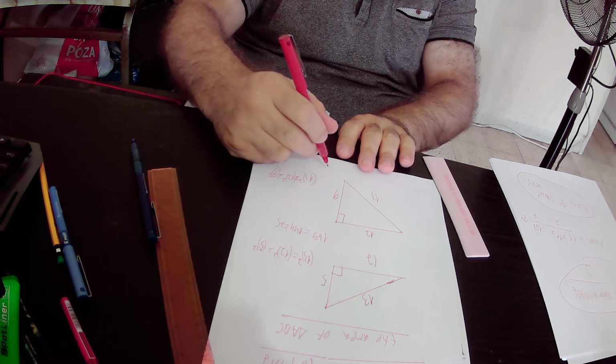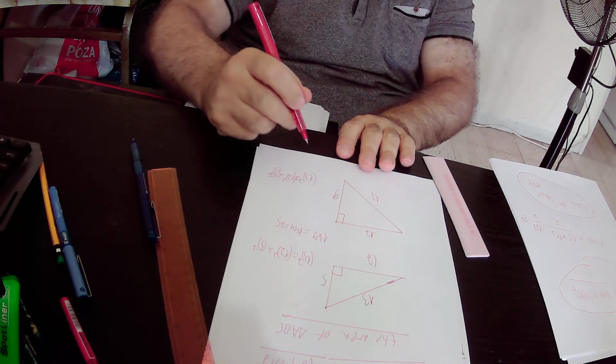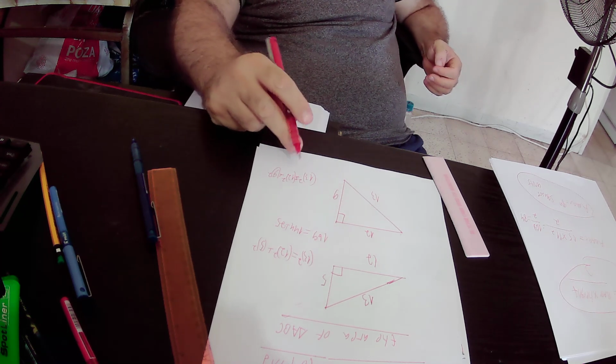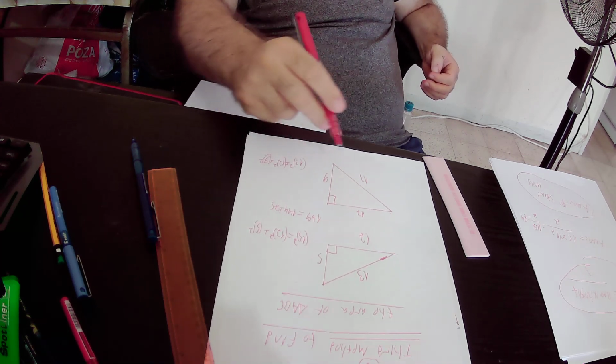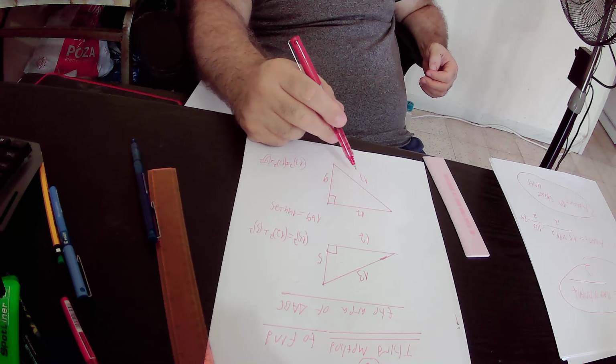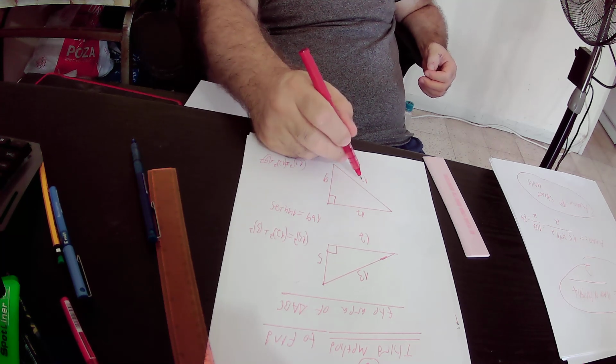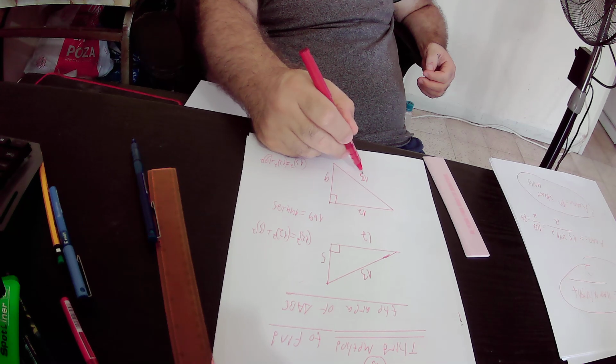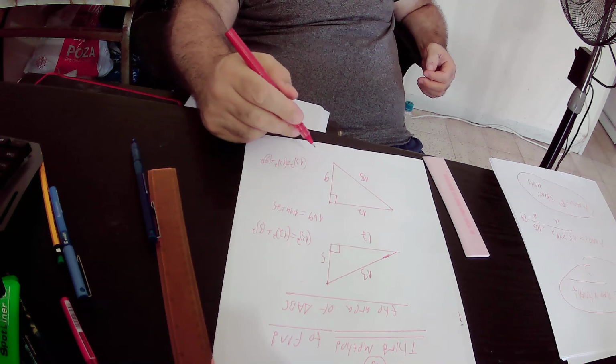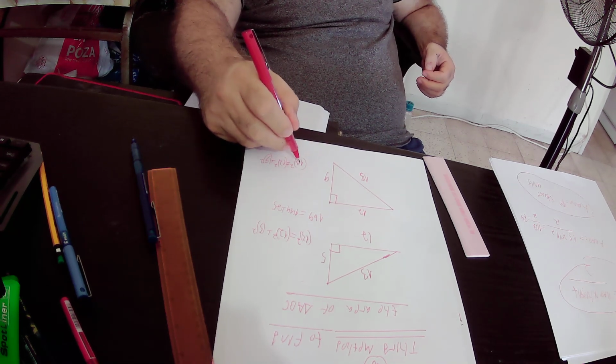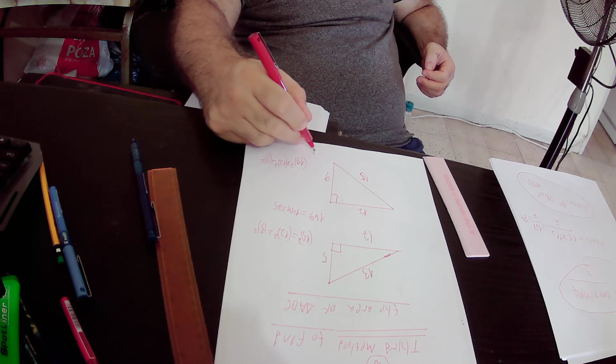13 squared is... No, I made a mistake. The hypotenuse is actually 15 units. So 15 squared is 225.